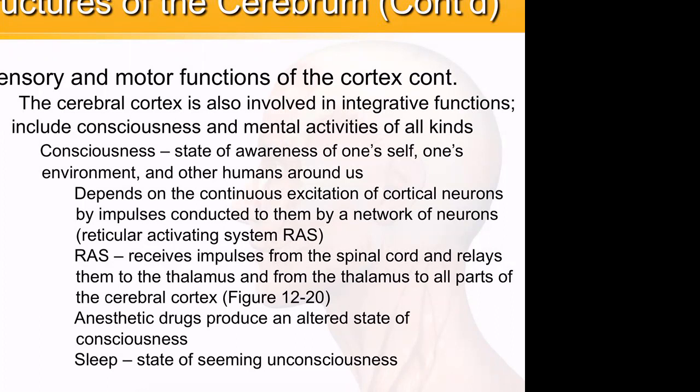State of awareness of oneself is certainly the most basic definition of consciousness, so to include the environment and other humans is good as well. It's a good definition to know because you've probably heard the term before, but you might not have been able to come up with a good definition for it. Now you can.